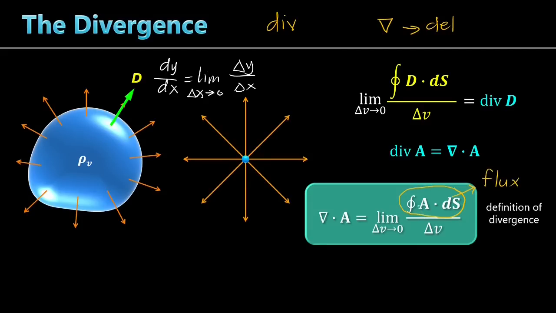Bakit? Because mathematically speaking, the surface integral of a vector is the flux of that vector. So this numerator simply represents the flux of the vector A. And this is volume. So we now have the flux per unit volume. Okay? And since this delta V approaches 0, then that volume ultimately becomes a point. So now how do we interpret this?